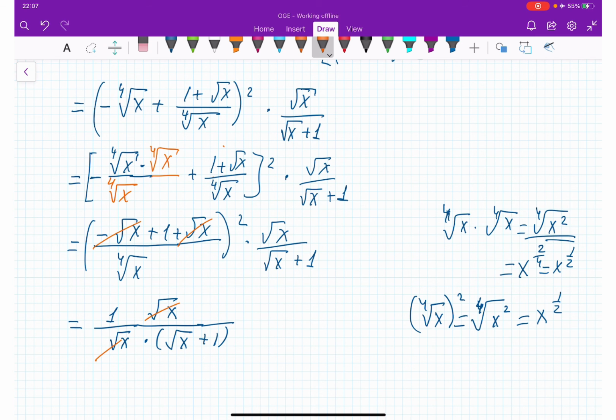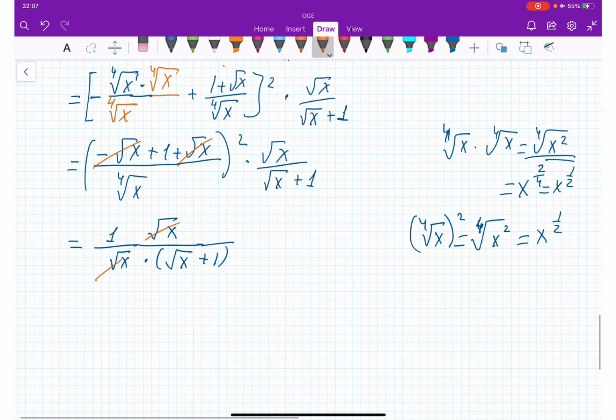And all we have left, we need to rationalize the square root in the denominator. Obviously, since I have square root of x plus 1, I'm going to multiply by square root of x minus 1 to get rid of this square root in the denominator, rationalizing.